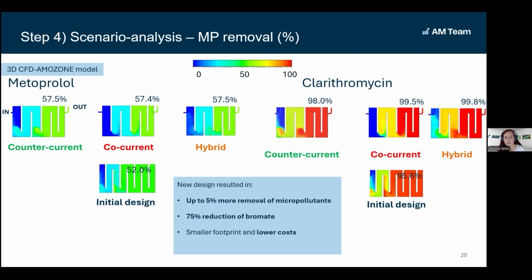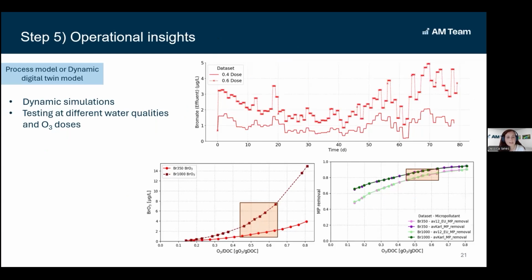And as a last step in this project, we wanted to move from the CFD, in which we could test a specific fixed condition, so with a specific level of water quality in terms of DOC, ammonia, nitrite. We wanted to actually see what happens during the real operation of the plant in the future.